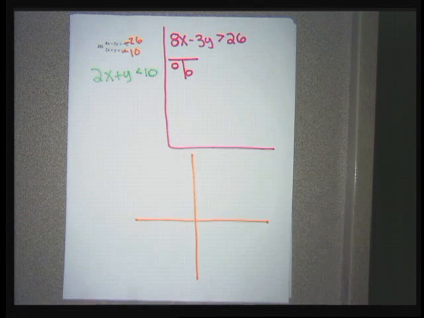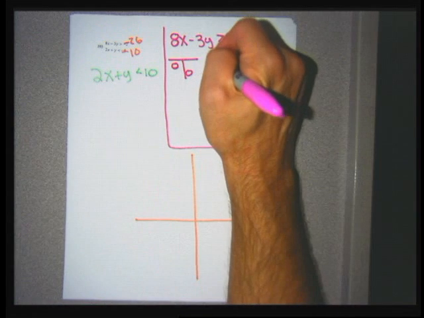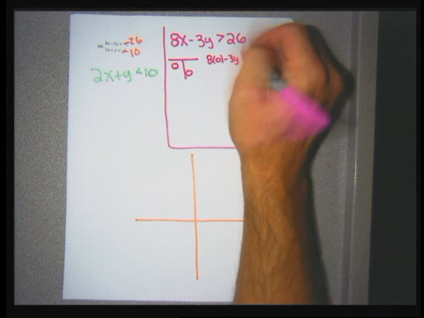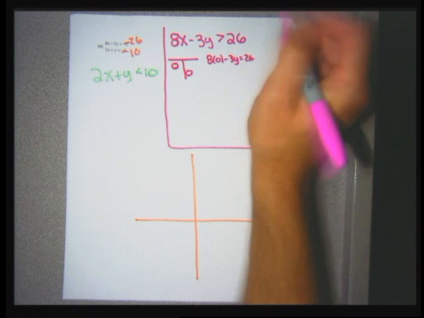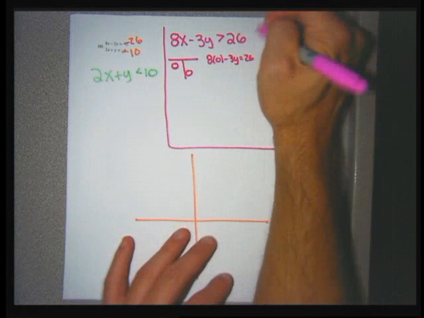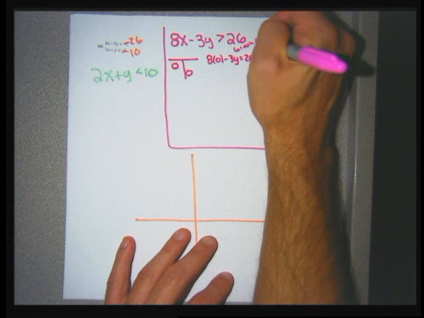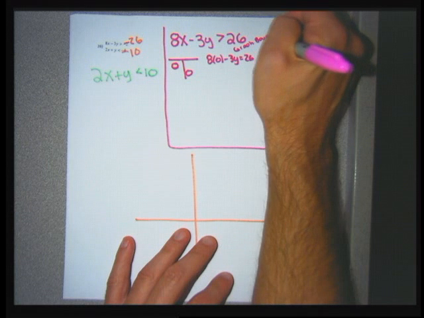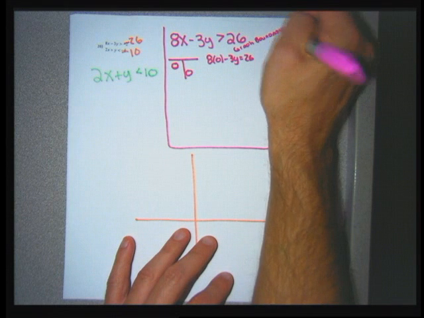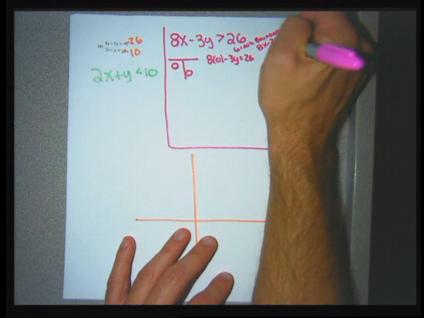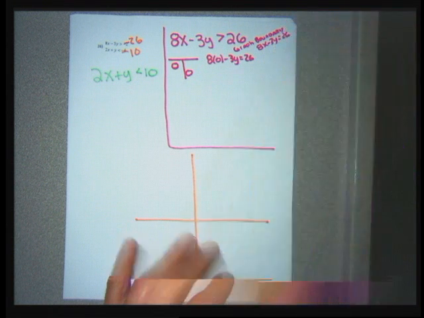If I let x be 0, I'd go 8 times 0 minus 3y, and I'm doing the boundary, so I'm doing the equal 26. I should say I'm graphing the boundary, and I'm going to do it with a dashed line. The boundary equation is 8x minus 3y equal to 26. That's what I start off doing.